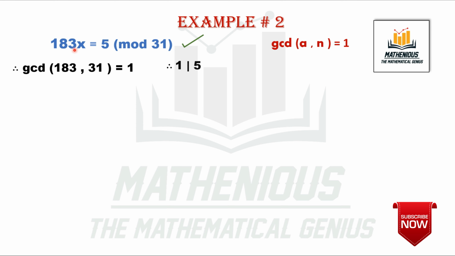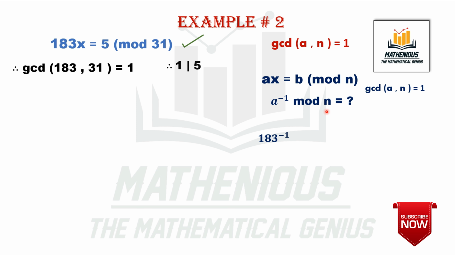Always remember that. Now for ax congruent to b mod n, the inverse of a mod n has to be calculated by us, as I discussed in the previous slide, just to make x alone. Now how to find the values of a and n? Just compare this congruence with the general one, and you will find that a is equal to 183 and n is equal to 31 respectively.